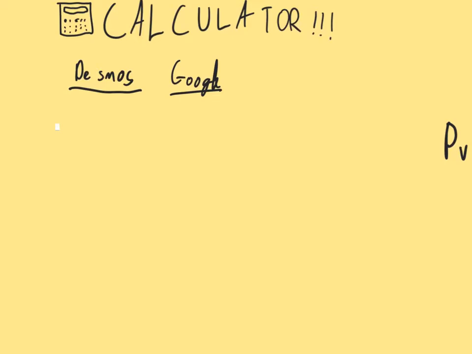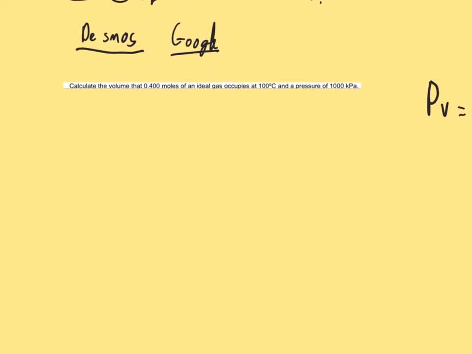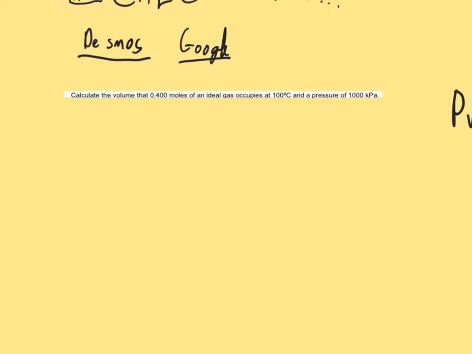Right, let's start off with the first question then. Calculate the volume that 0.4 moles of an ideal gas occupies at 100 degrees Celsius and a pressure of 1,000 kilopascals. First of all, we need to extract some information. We want to look for any statistics and what those statistics mean.